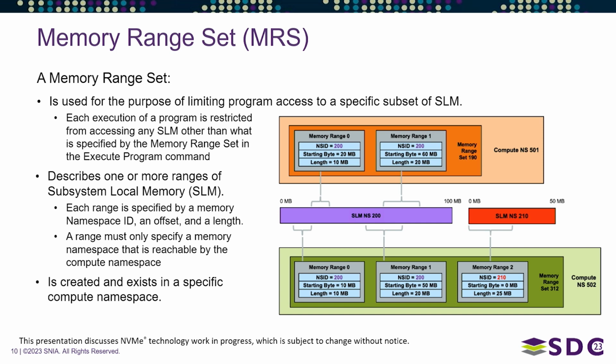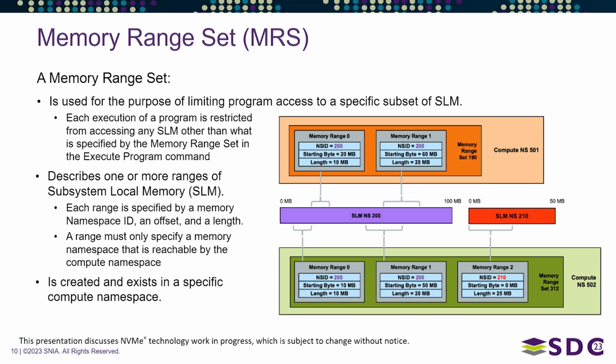But the memory range set is created in a specific compute namespace. So in the diagram on the right at the top, you have a compute namespace 501. And in that compute namespace, you have a memory range set defined, the orange block up here, identified by 190. Within that, you have two memory ranges.